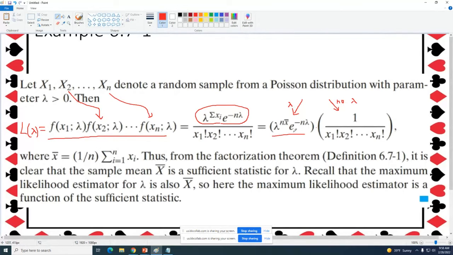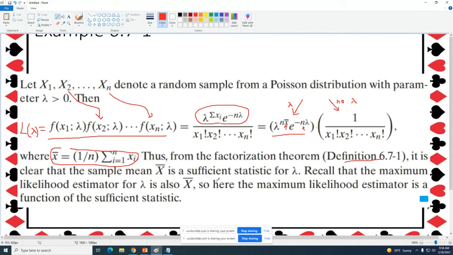Lambda is a parameter. So the one that has lambda, you see we have this is the x bar, and then that's just the n times lambda. N is really the number of variables there, and this one is really not of our concern. So here it looks like the x bar is the only thing that relates to lambda in the whole likelihood function.